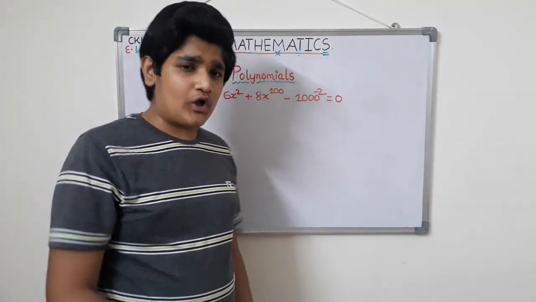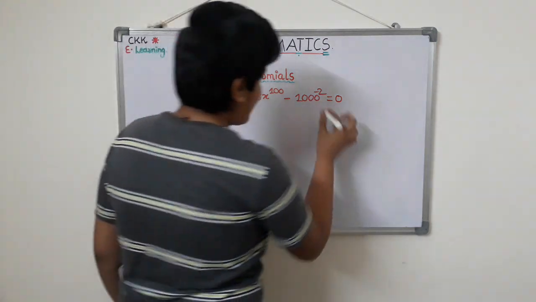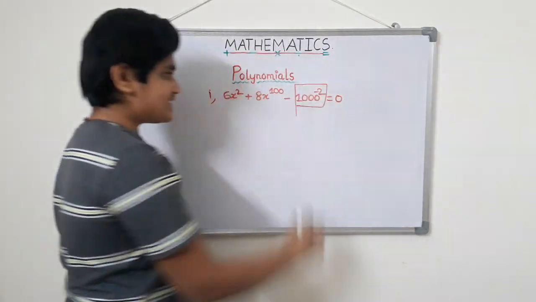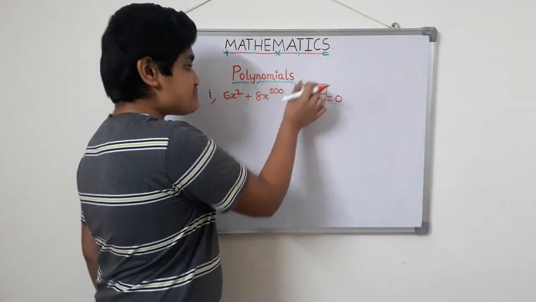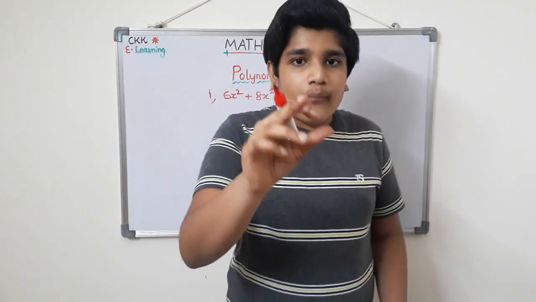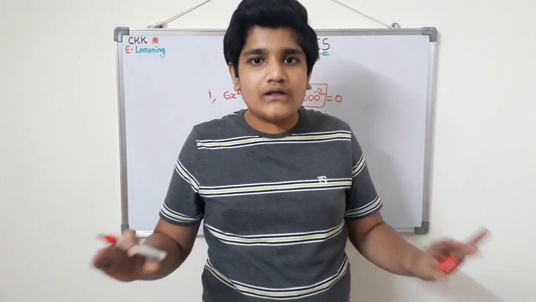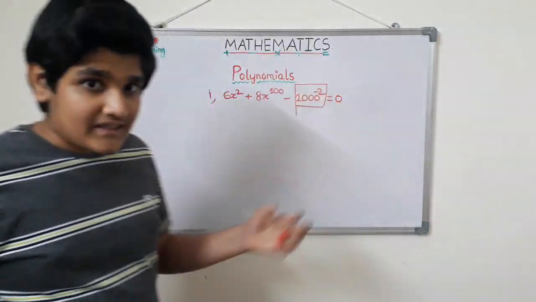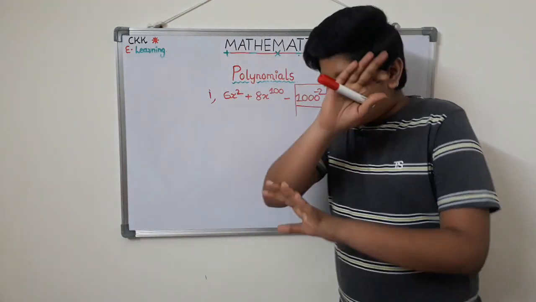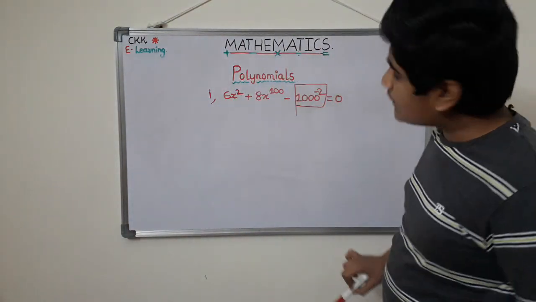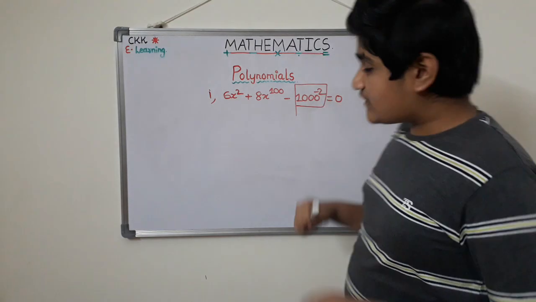This is a polynomial. Here you can see minus 2 is the power of a constant, 1000. 1000 is a constant here. In a polynomial we do not bother about the constants. If any question comes, is this a polynomial or not, you do not bother with the constants.